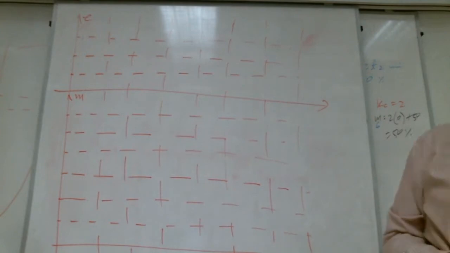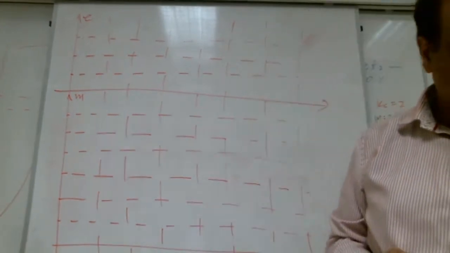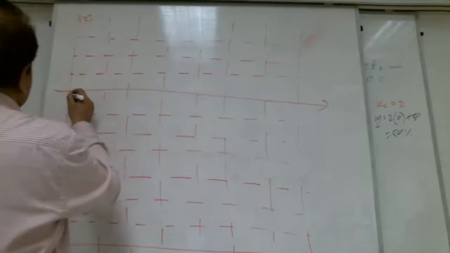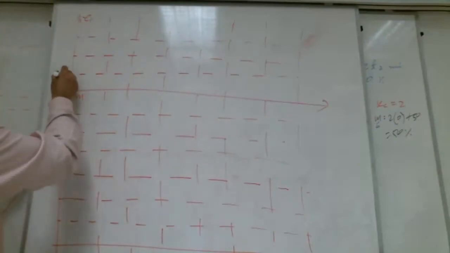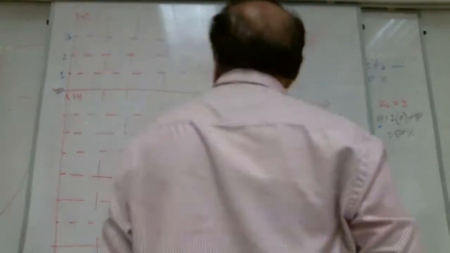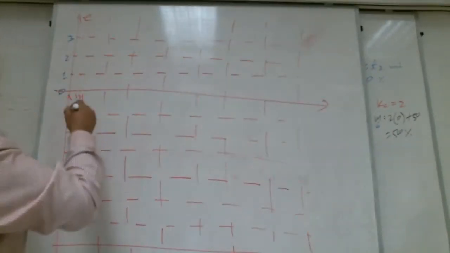Yes, brother, can you please read the next problem? If the proportional band is 25%, find and draw the output of the controller from the error as follows. So the error is given like this.